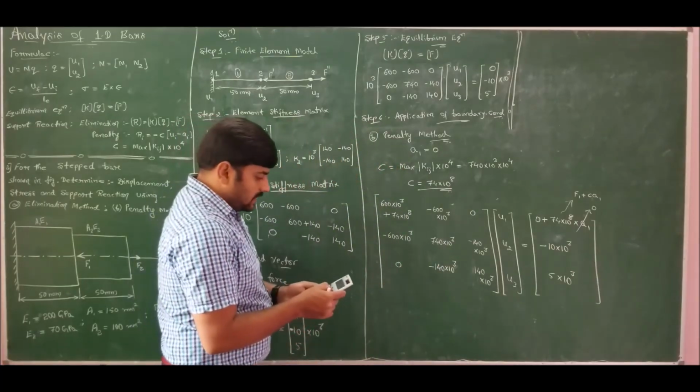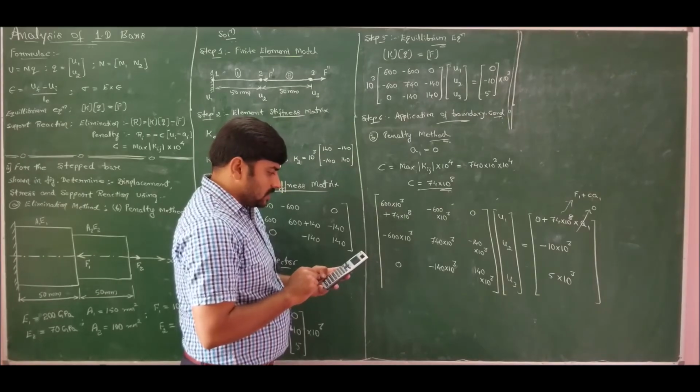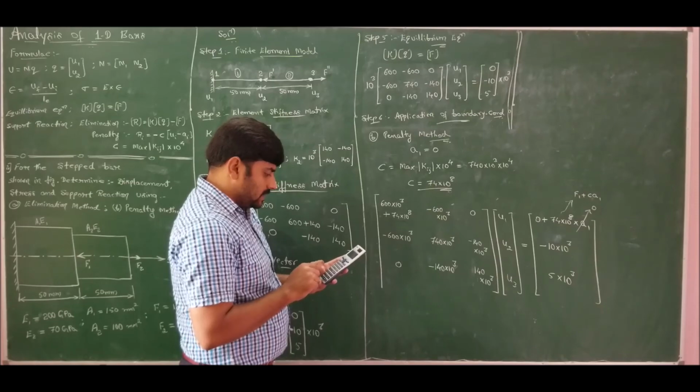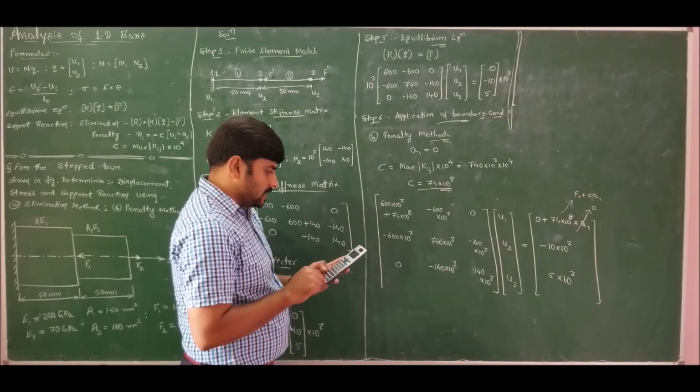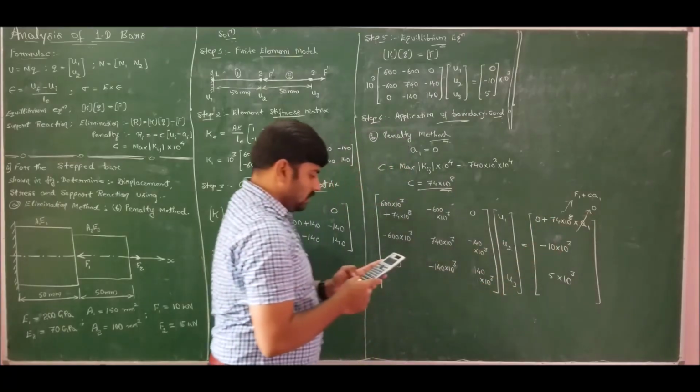Now if I solve this using equations with 3 unknowns, first we have 600 times 10 to the power of 3 plus 74 times 10 to the power of 8, next minus 600 times 10 to the power of 3, and 0. Next we have 0, so 0 plus 0 is 0.